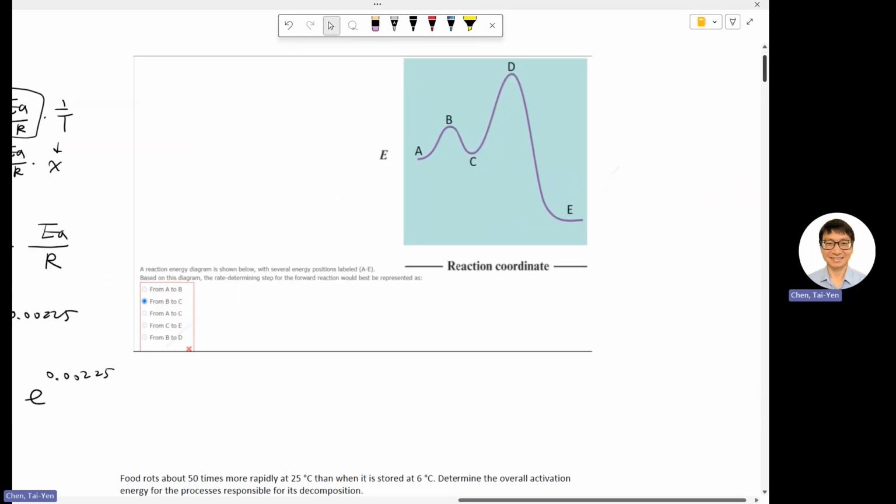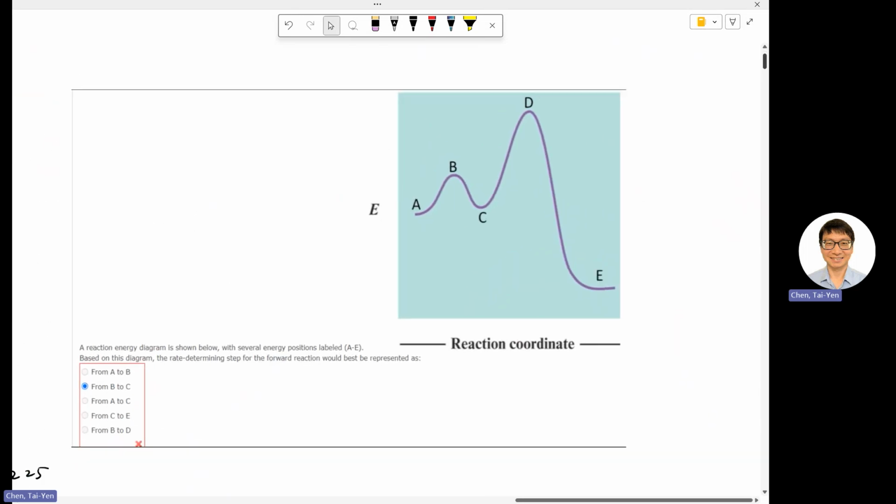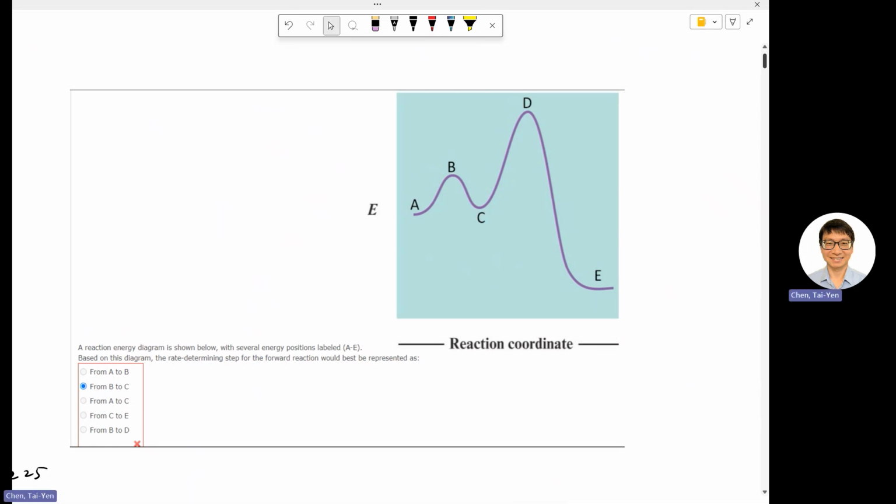Second one, this is also about chapter 11. If you see a diagram like this, where the x-axis is called the reaction coordinate, you start from the left. Left is your reactant, right is your product.